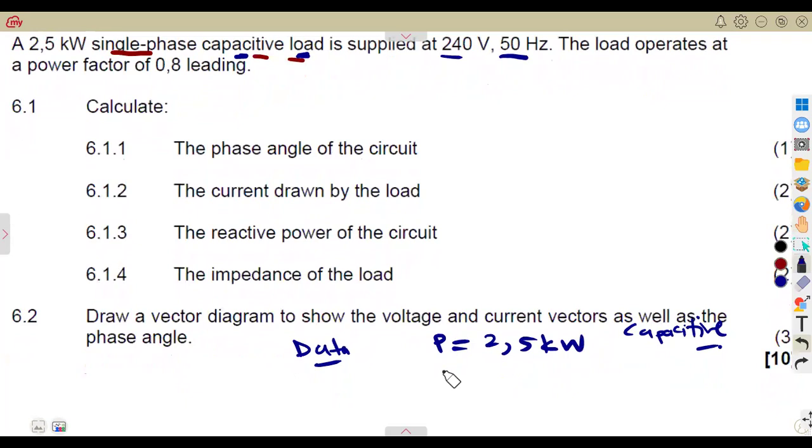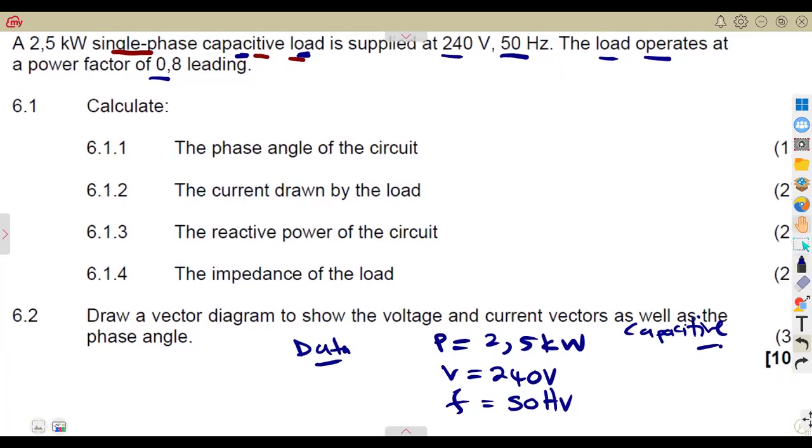So we have the voltage at the input, which is 240 volts, and the frequency of 50 hertz at the supply.